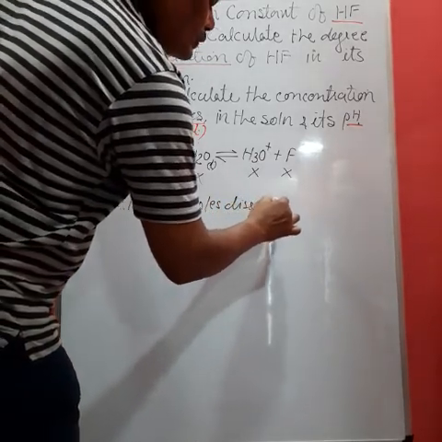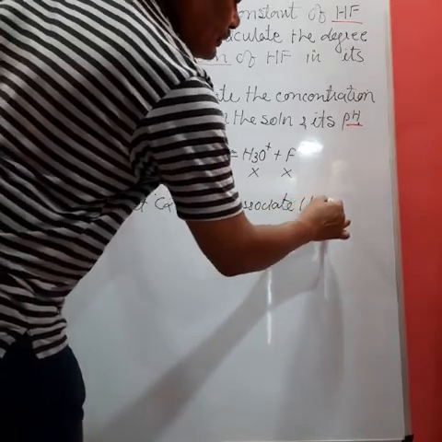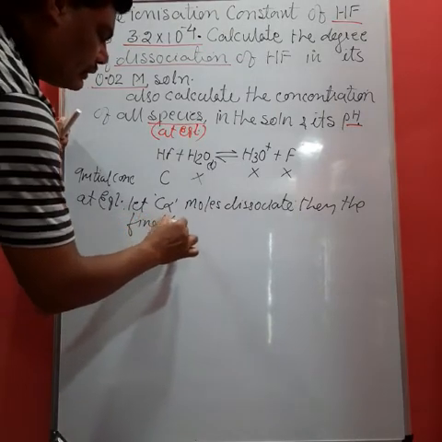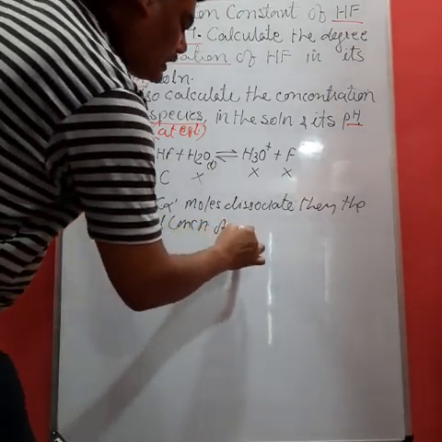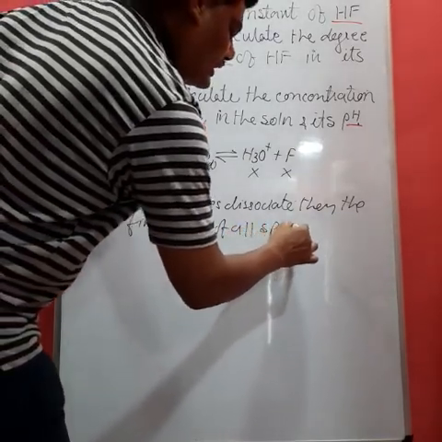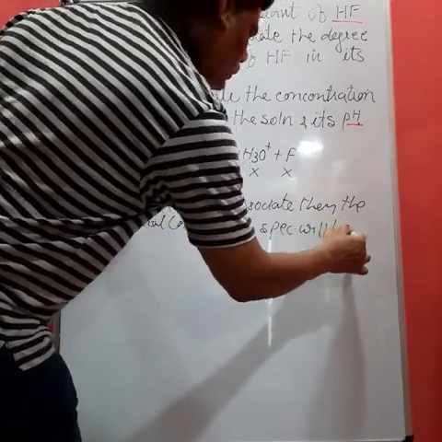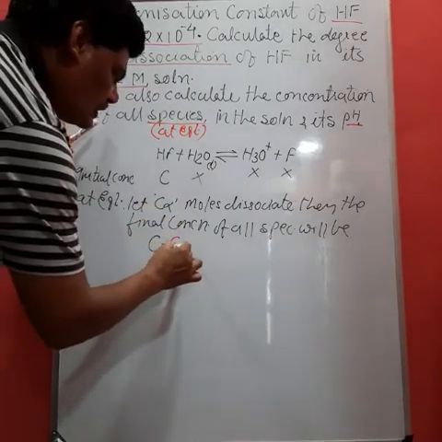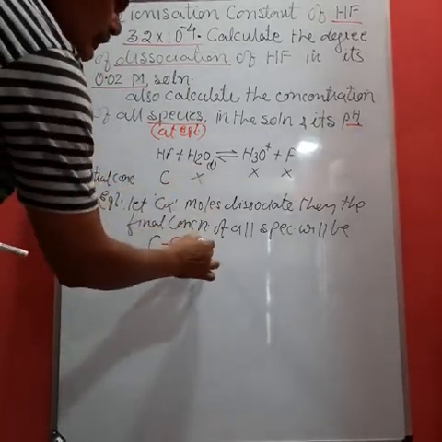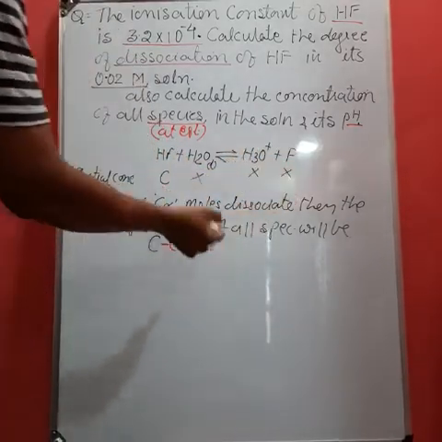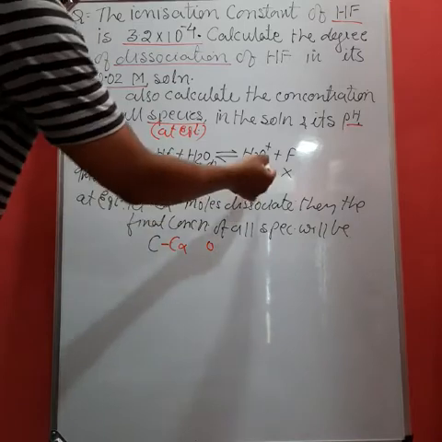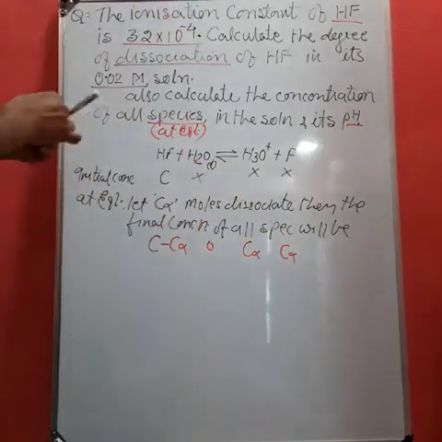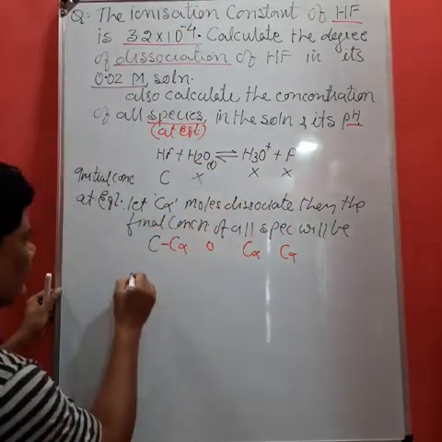Then the final concentration of all species will be: C minus C alpha for HF, since C alpha mole is dissociated; nothing for water; for H3O cation, as much mole is dissociated, the same mole will be produced, that means C alpha, and for F anion also C alpha.